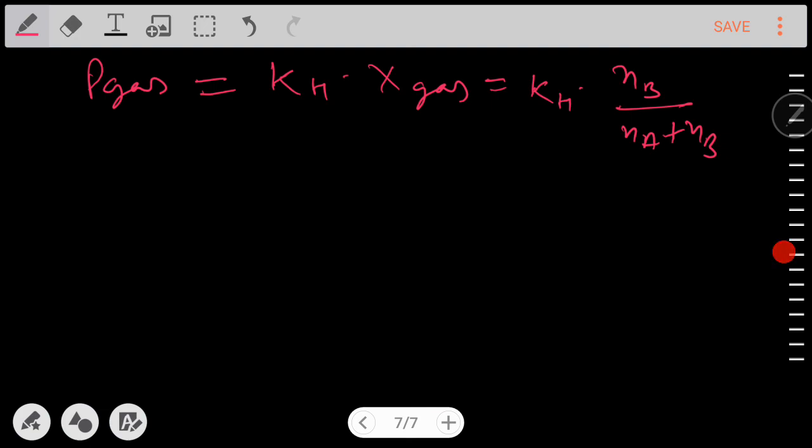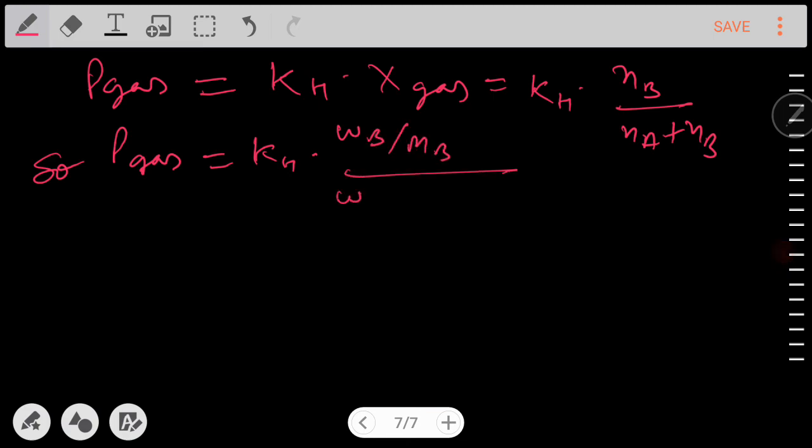Na and Nb are also not given. In place of that, we have extracted masses of A and B from the mass percentage. So I will convert moles into masses. Nb is Wb by Mb, Na is Wa by Ma, and Nb is again Wb by Mb.